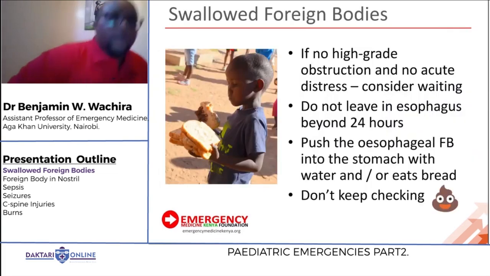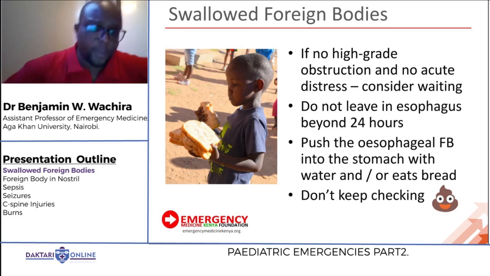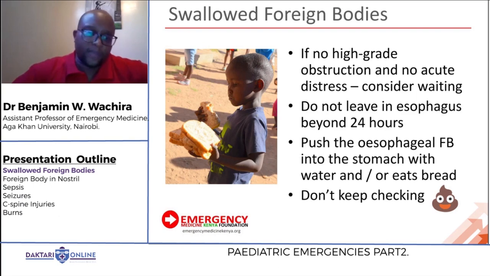All right. So in terms of button batteries, if your patient is asymptomatic, figure out where it is. If it's in the esophagus, it's an emergency. If it's gone down past the esophagus, the patient remains asymptomatic, and it's a small battery, fine, the patient can potentially go home, but we'll need some follow-up, okay?